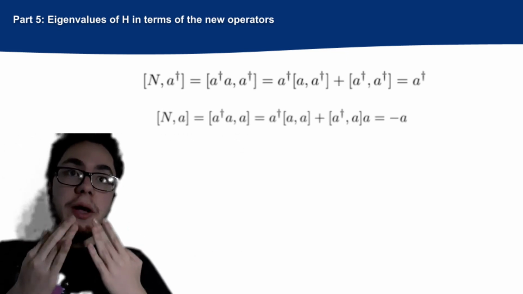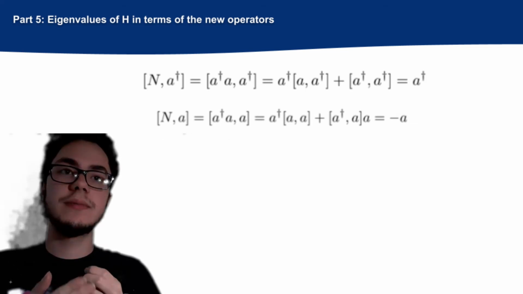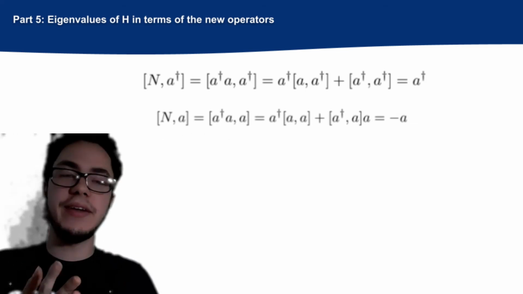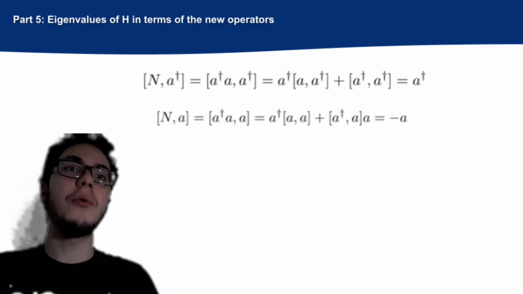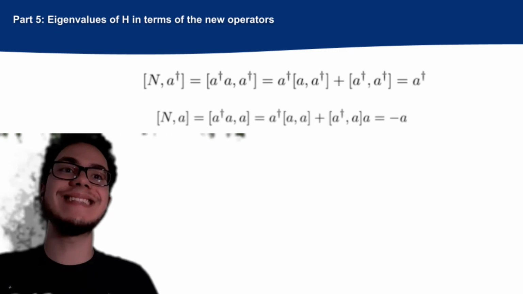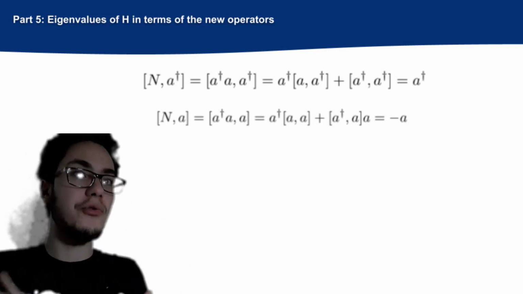The reason why if we commute the number operator with a dagger, we obtain a dagger, and if we commute the number operator with the decreasing operator, we obtain minus a, is that the terms involved in the commutation between the same operators run out.